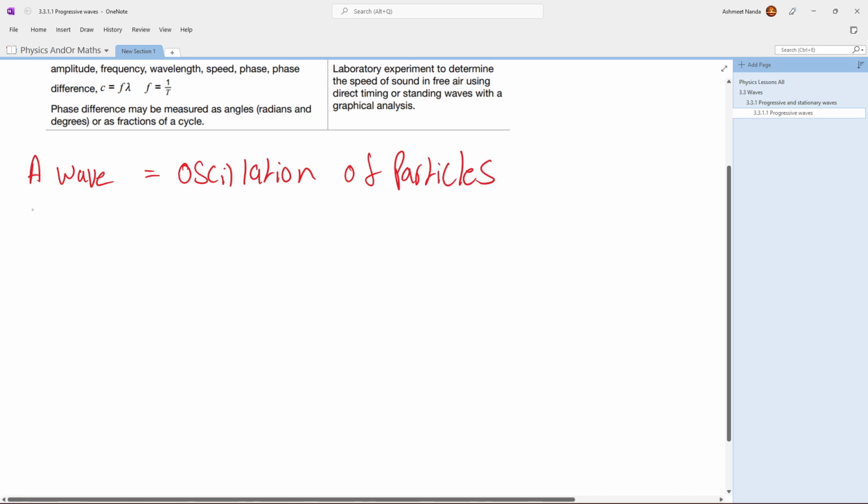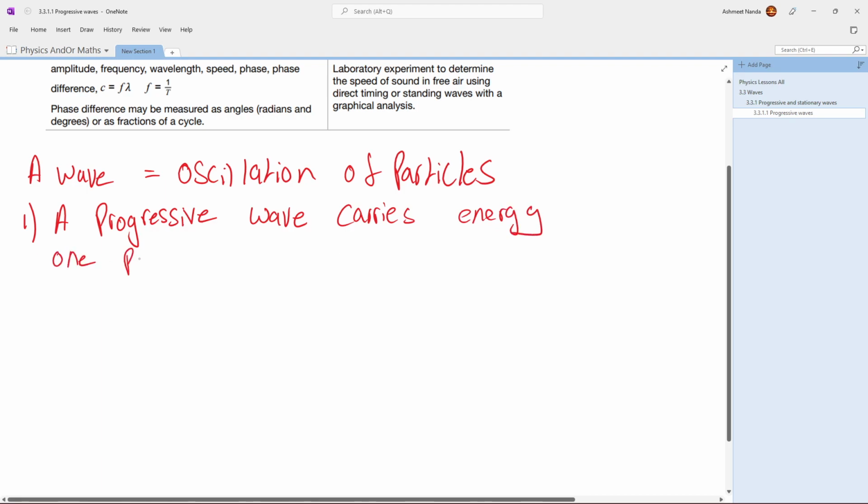Now, what is a progressive wave? A progressive wave carries energy from one point to another. You can take that as a wire carrying energy from one side to another, however you want to see that.